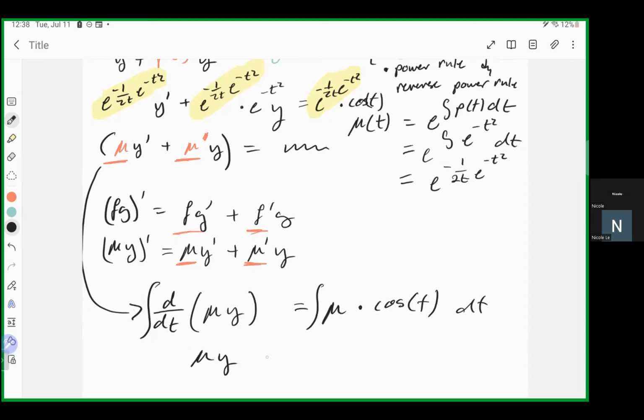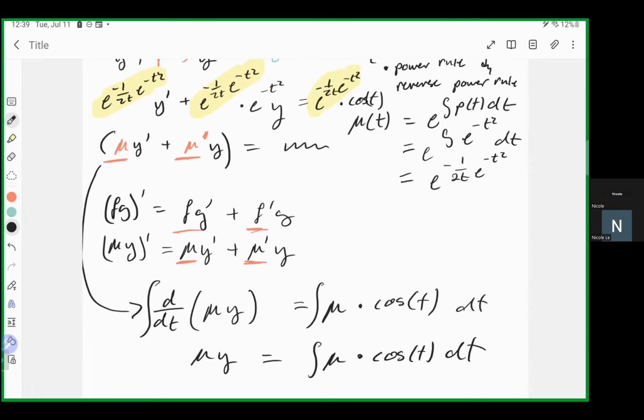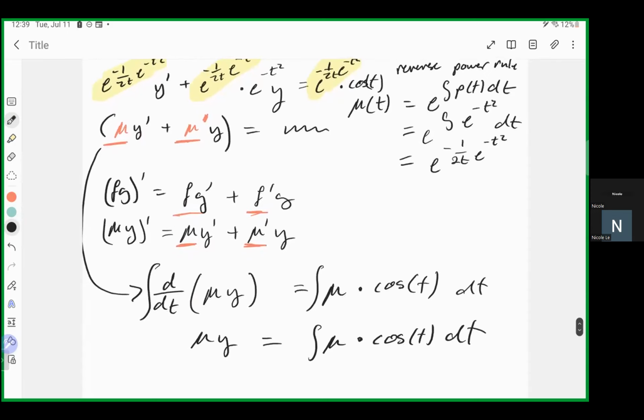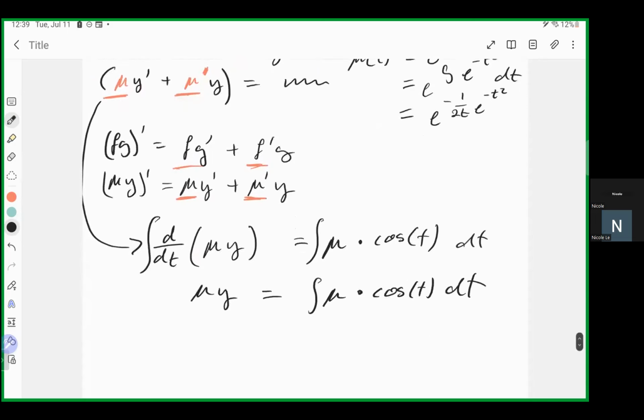So mu times y is equal to this integral over here. Okay. And if we divide by mu, we would get 1 over the integrating factor times that integral.